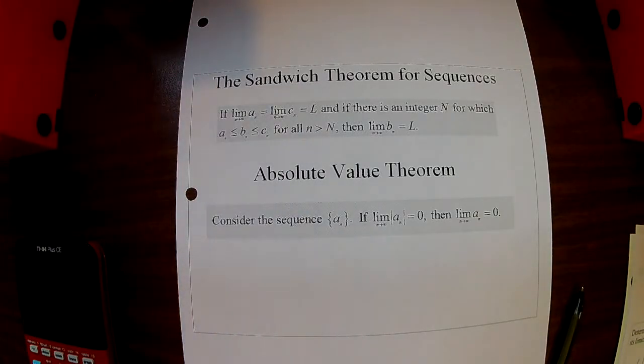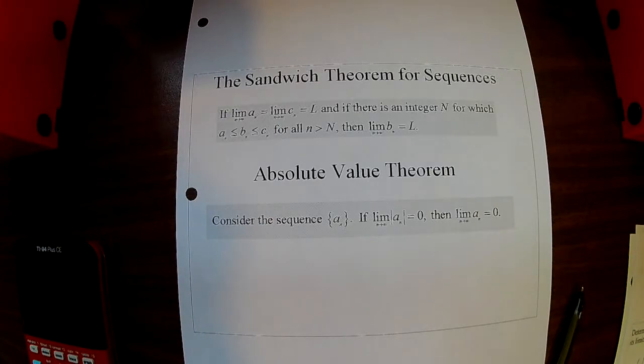If the limit as n approaches infinity of the absolute value of a sub n is equal to 0, then the limit as n approaches infinity of a sub n is equal to 0. Otherwise, the sequence diverges.